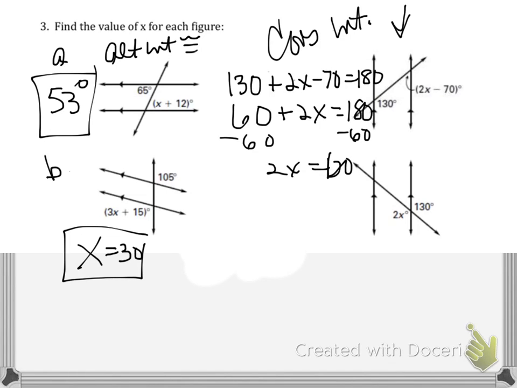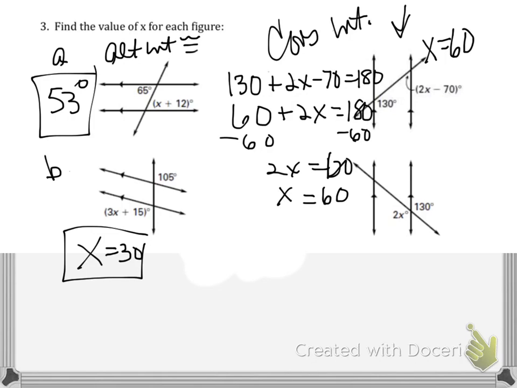Okay, 180 minus 60 is 120, so therefore your x will be 60. Okay, so x equals 60 right here, and we got that because we knew that those two angles were consecutive interior angles, and consecutive interior angles sum to 180. I established an equation, and I solved for x using my algebra skills.